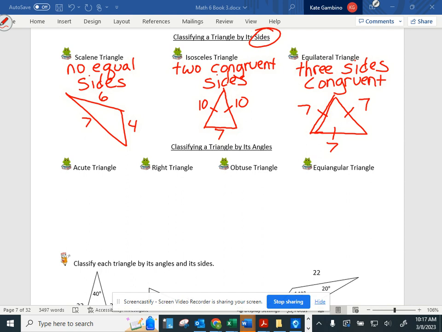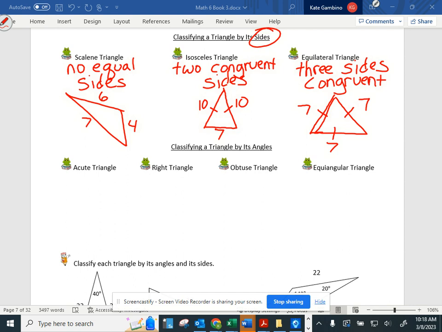So if all three are the same, it's an equilateral. Lateral means side. If you know some Latin, we should be picking up Latin with some of our math terms with the counting, like bicycle, bi is 2, triangle, tri is 3. So if it's lateral in the word, you know that it's talking about sides. So if it's equilateral, all the sides are equal.